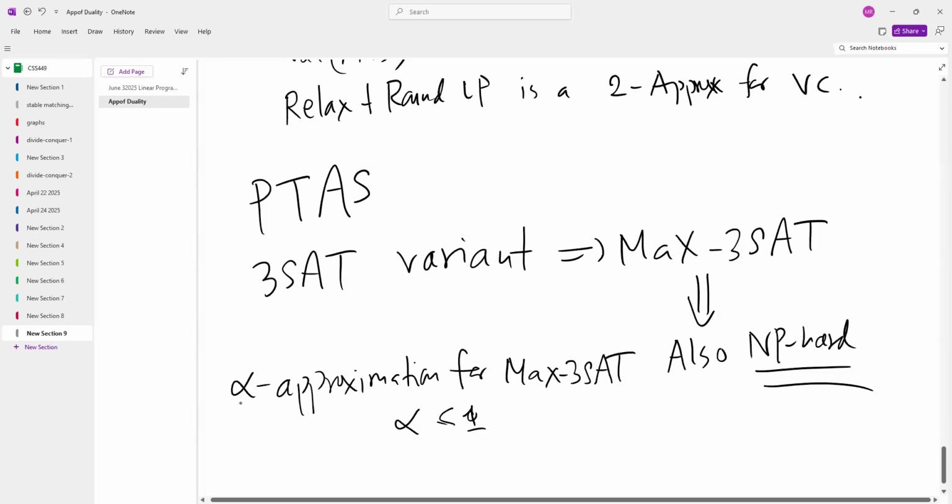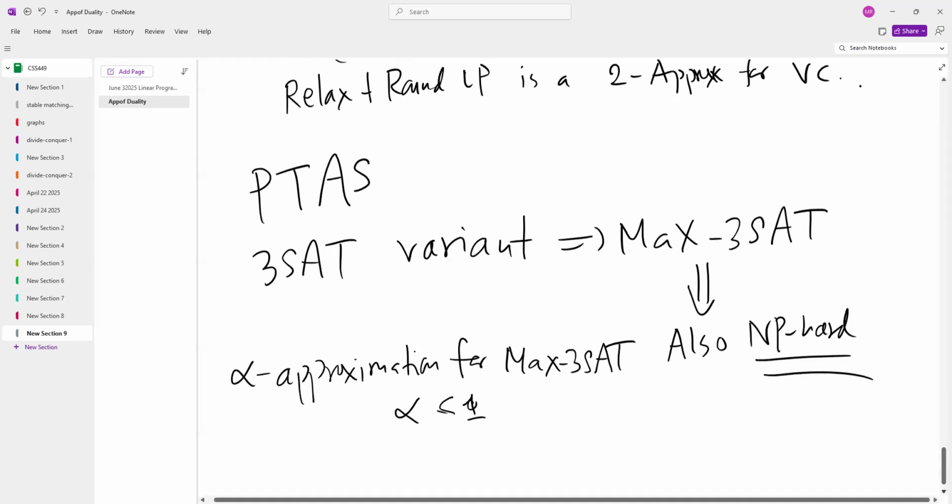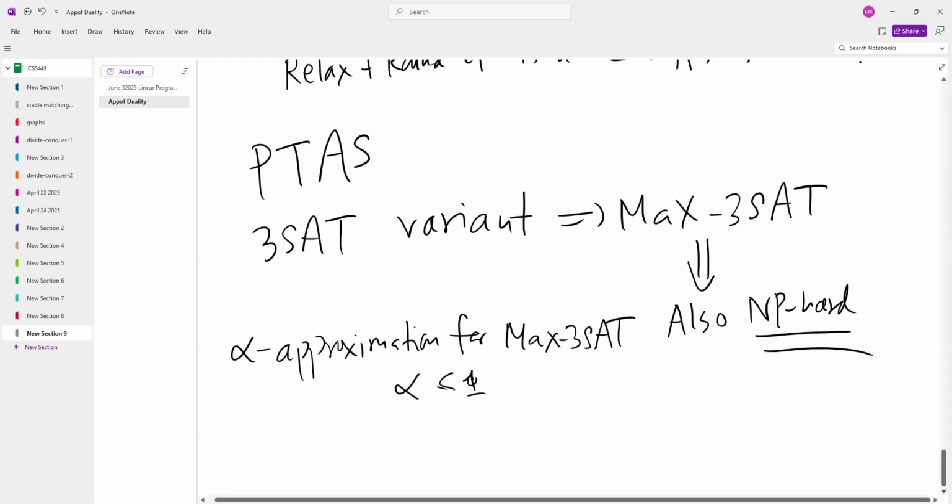Does this make sense? Alpha is less than 1 for a maximization problem, because if alpha is 1, that means you solve the problem exactly.